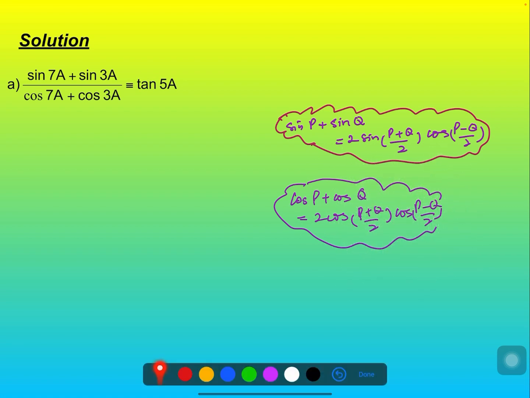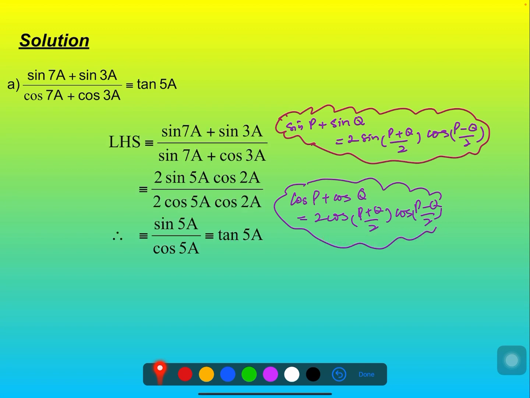And the below one, we can use cos p plus cos q equals 2 cos (p plus q over 2) cos (p minus q over 2). So we will have like this. For sine 7a plus sine 3a, we have 2 sine p plus q over 2.